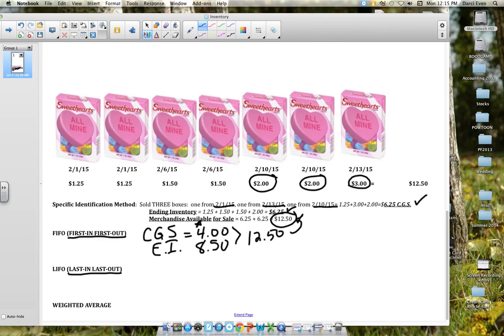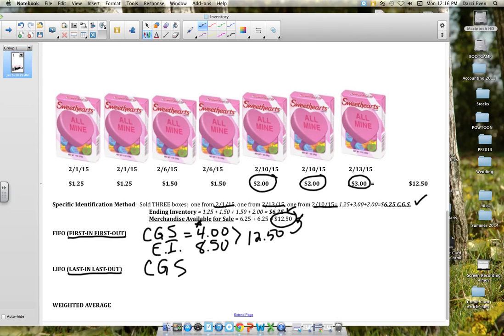And that might be something like at a hardware store, where you bought more bolts and you just pour them on top of the old ones. You're not going to keep them separate. There's no way to do that. And so you would assume that the ones on top are actually the ones that you just recently bought. And so these last ones are going to be the cost of goods sold.